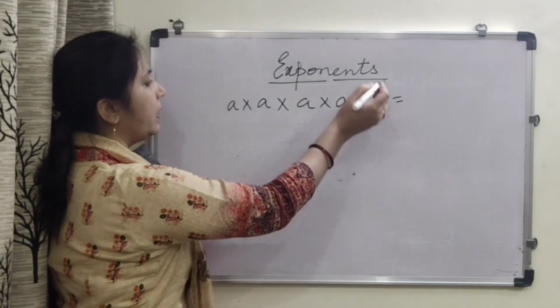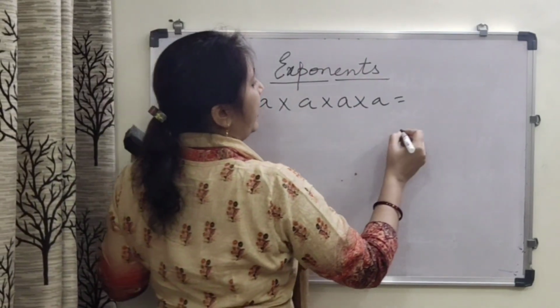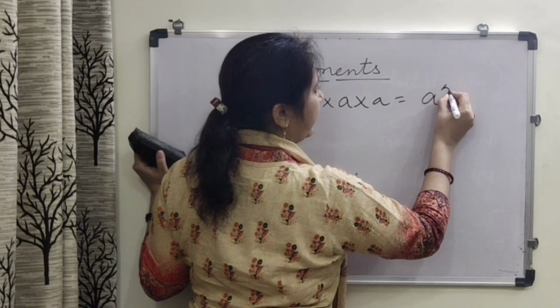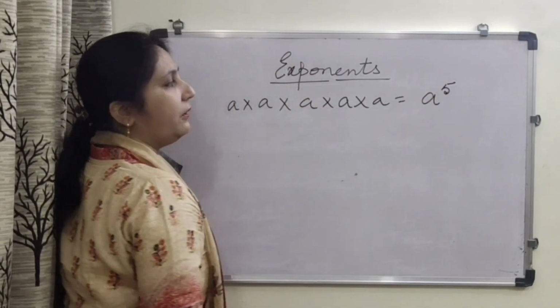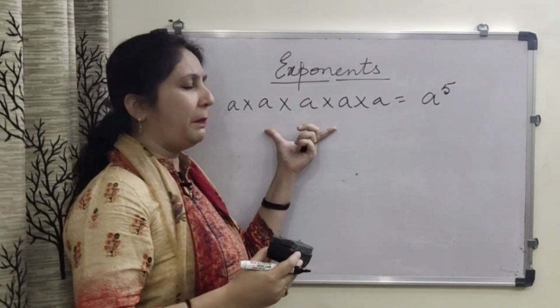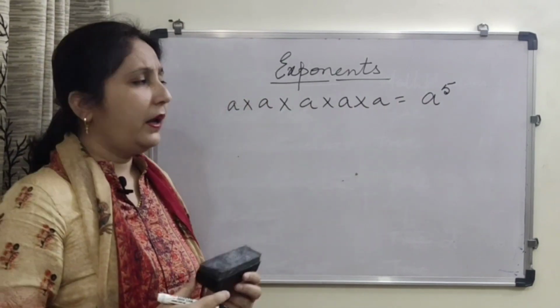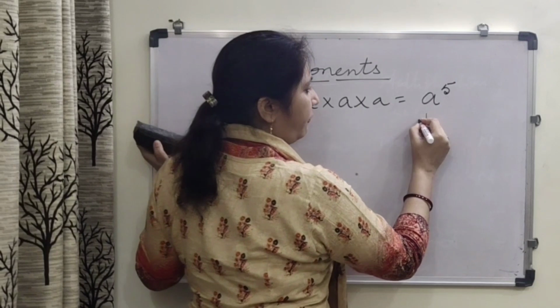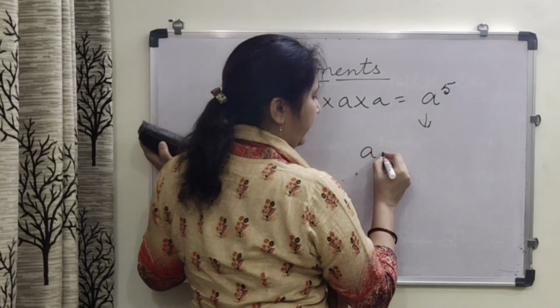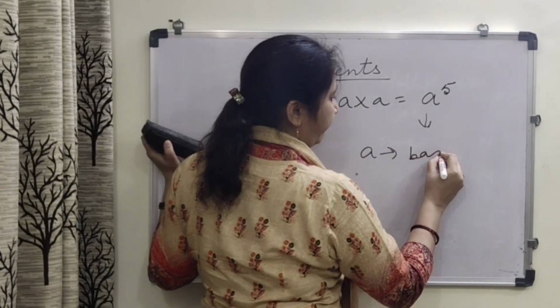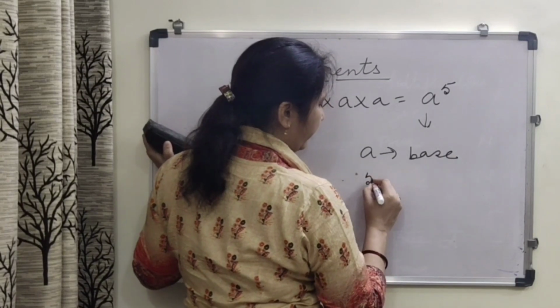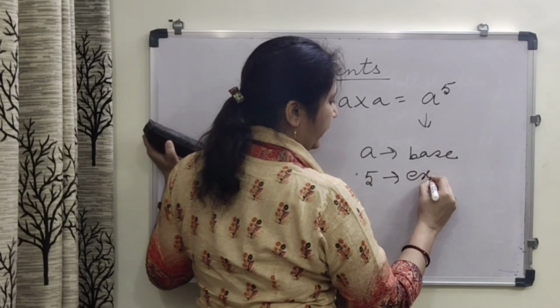Here I have written it for 5 times. In short, you wrote it as a to the power 5. So this form is expanded form, and this is exponential form. In this exponential form, a is the base and 5 is the exponent.